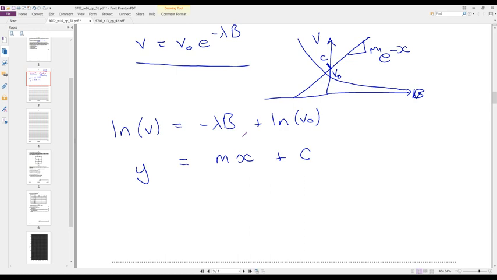The most useful way to figure it out is to do exactly what I've done here, to write them one on top of the other and line things up. So y and x are going to need to be your variables, and then m and c are going to come out of your information.